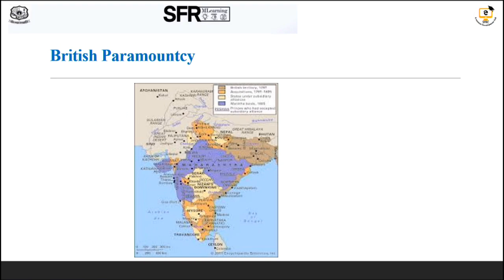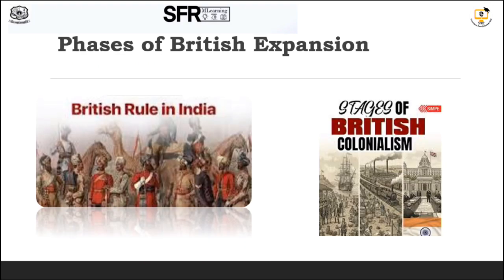The British East India Company gradually transformed itself from a trading organization into a political power in India. After the Battle of Buxar in 1764, the company gained Diwani rights in Bengal, Bihar and Orissa.